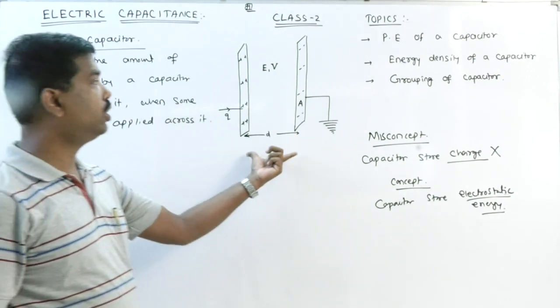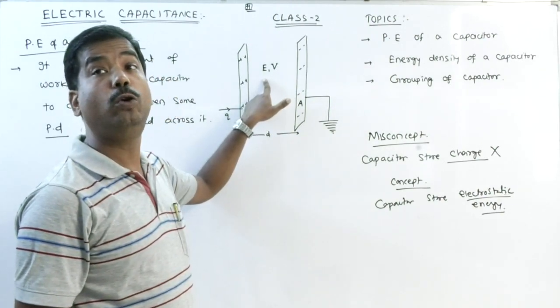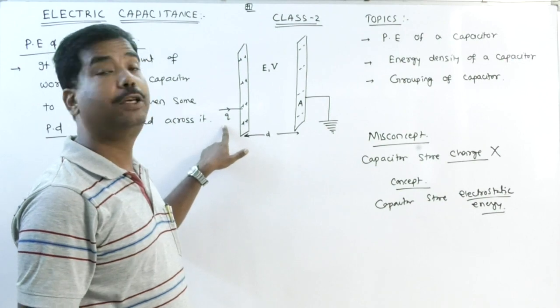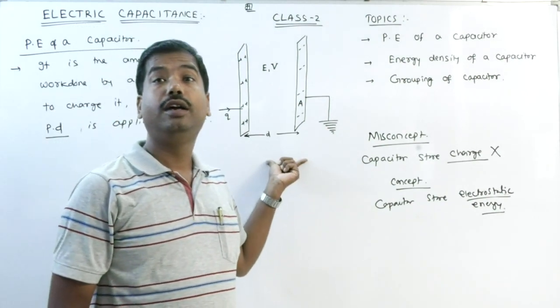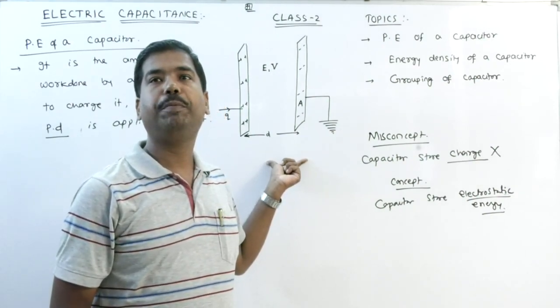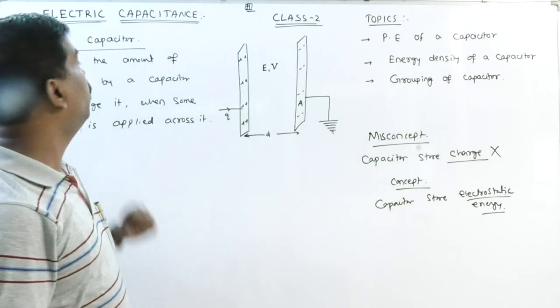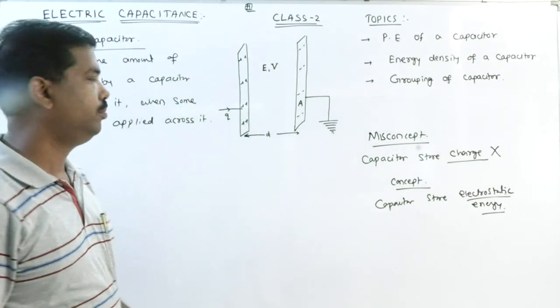It means when some potential difference, let V be the potential difference between the two parallel plates, and Q is the amount of charge supplied, then the amount of electrostatic energy stored in a capacitor is called its potential energy, or it is the amount of work done to charge a capacitor.